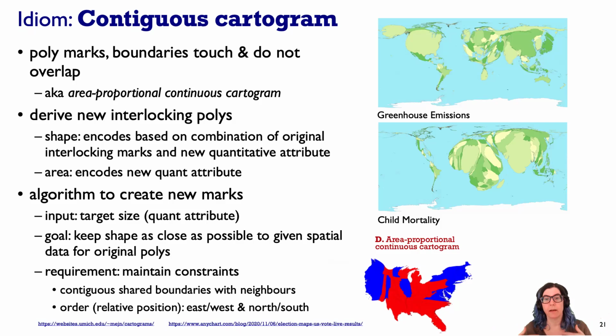You definitely can't count on that to be true, but you try to preserve the order, the relative positions, particularly for geographically meaningful things like east-west and north-south relationships. So we wouldn't put Canada below the United States. We would want to keep it above the United States because that's preserving a north-south order relationship.